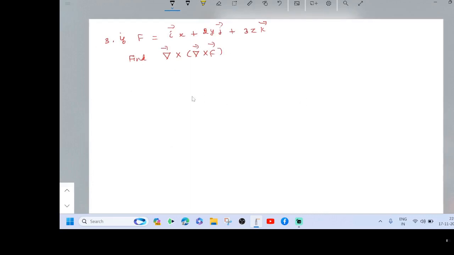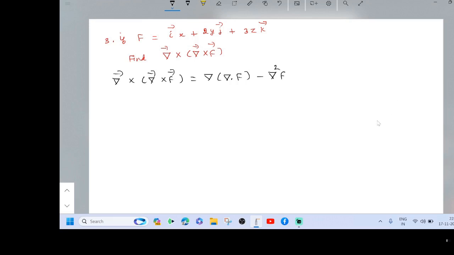Now see this problem. If vector f equals i x plus 2y j plus 3z k, then find curl of f. For that we have to use the identity curl of curl f equals grad of div f minus del square f.